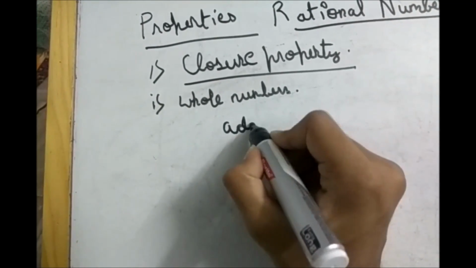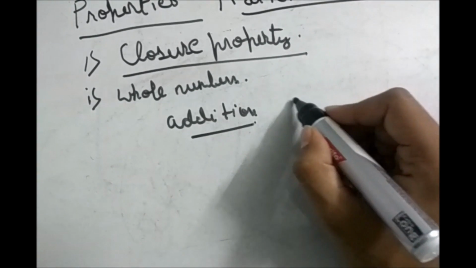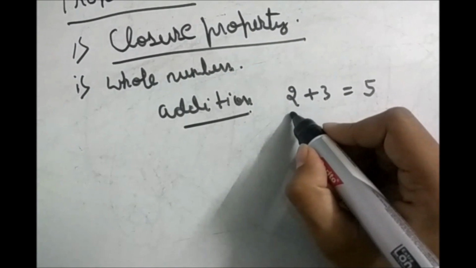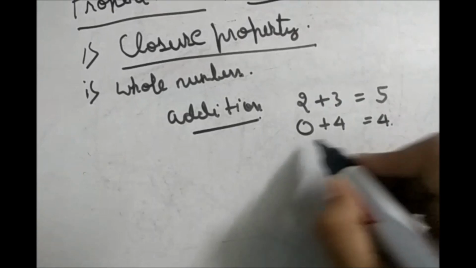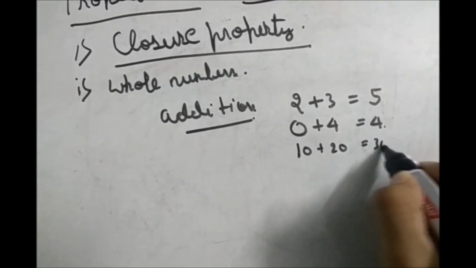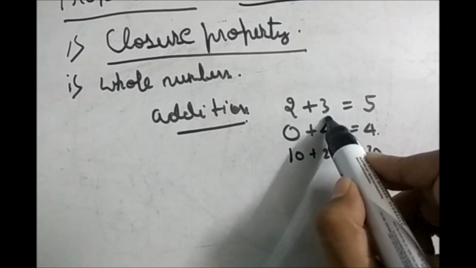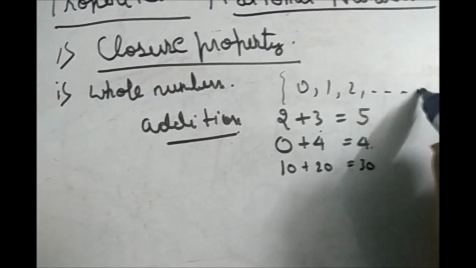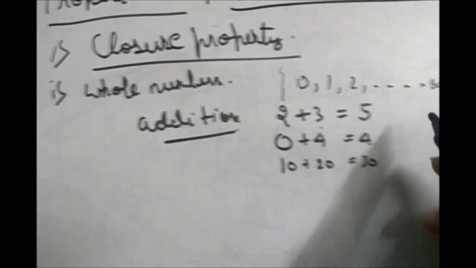If we take addition, 2 plus 3 is equal to 5, 0 plus 4 is equal to 4, 10 plus 20 is equal to 30. Any elements from the set of whole numbers, if taken and added, we get an element which is present in the whole numbers.